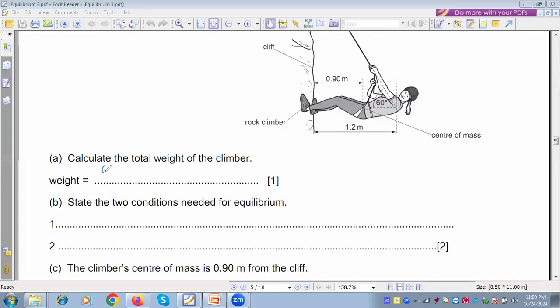So here 62 into 10 equals to 620 Newton. According to new pattern, what it will be? 62 into 9.8. So that will come 607.6.